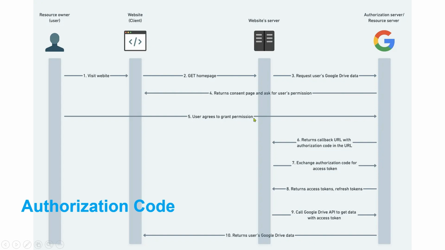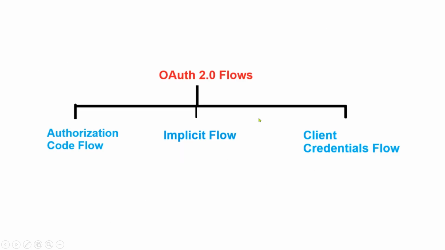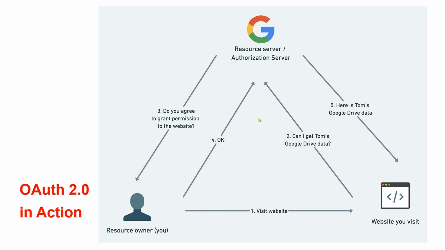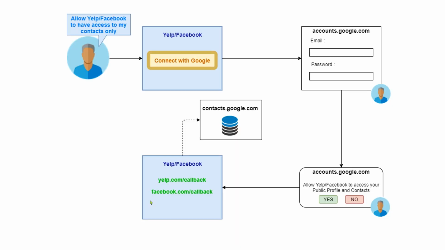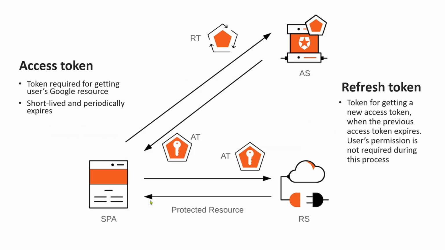The user agrees to grant permission. Up till now, we have seen how the user gives permission to us. This is how the resource owner, like you, visits the website and asks for Google Drive data, then the Google server will ask you whether you really want to give it the data, and when you click on yes, you will get the drive data.